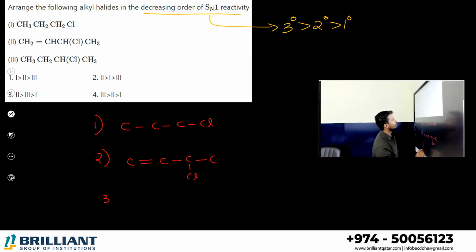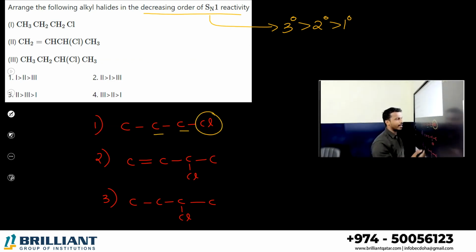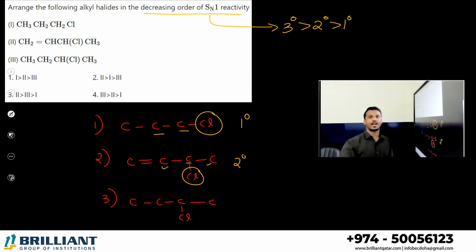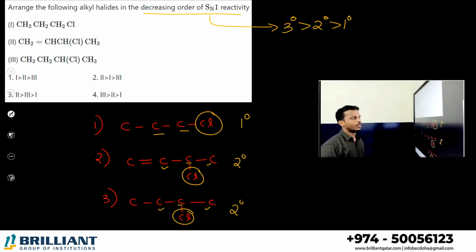And the third compound, CCC, which contains Cl and another carbon. Here chlorine is connected to a carbon directly connected to only one carbon. It is a primary haloalkane. Here chlorine is connected to a carbon directly connected to two carbons, a secondary haloalkane. Here also, a secondary haloalkane. So we can confirm the first one is the least reactive. Yes or no? Primary is the least one.